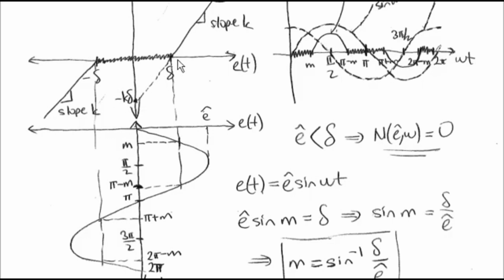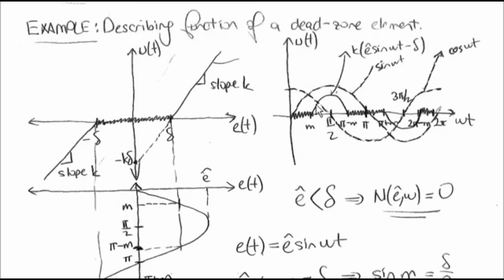So if I calculate the equation of this line, it is going to be k times e minus k delta. In parentheses, it is going to be k times (e minus delta). So therefore, I would have here the expression of this one. This non-zero part is going to be in this line equation.